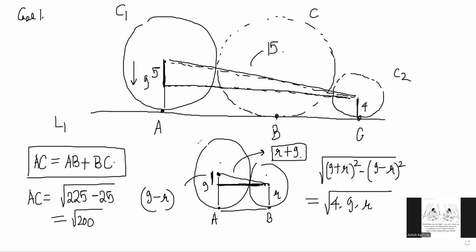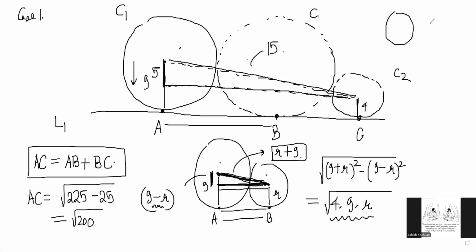I'm finding AB length by taking these two circles which are touching each other, and by joining the centers of the circles, I know the hypotenuse has length R plus 9, the perpendicular has length 9 minus R, and taking the Pythagoras theorem result, you are getting the distance of this base, or distance AB, right?